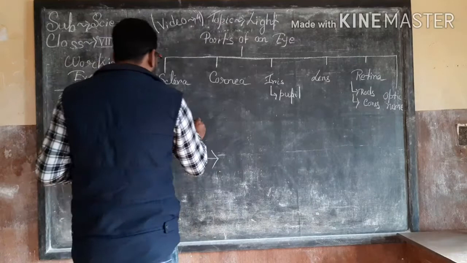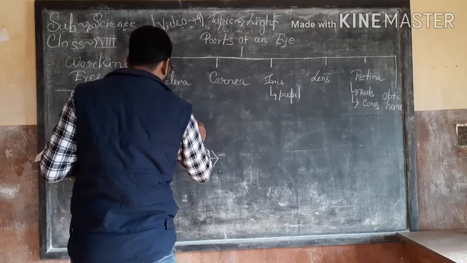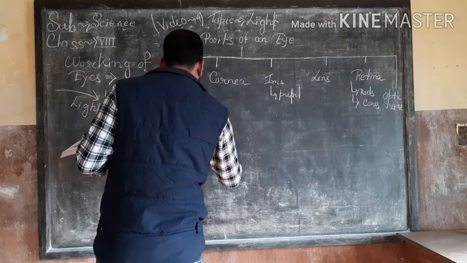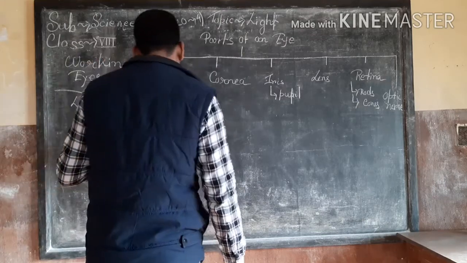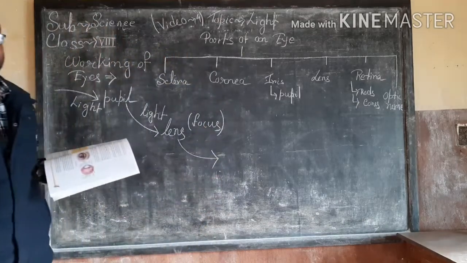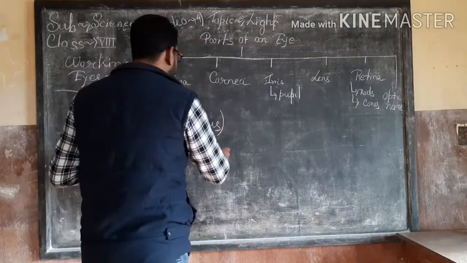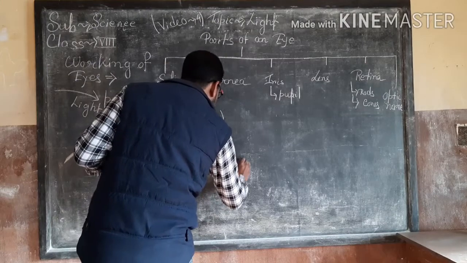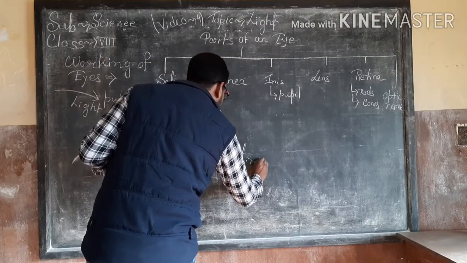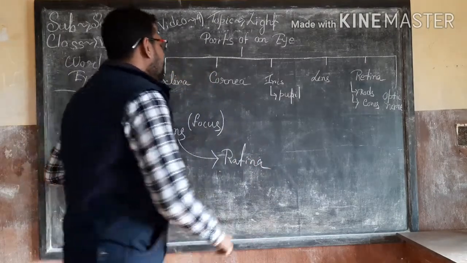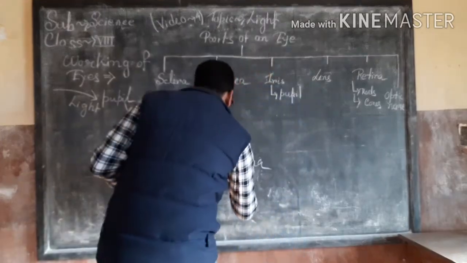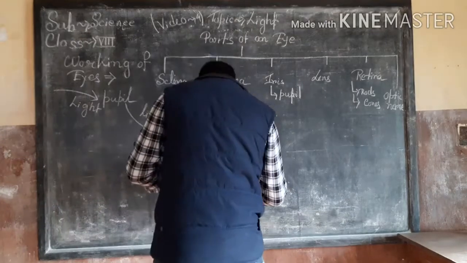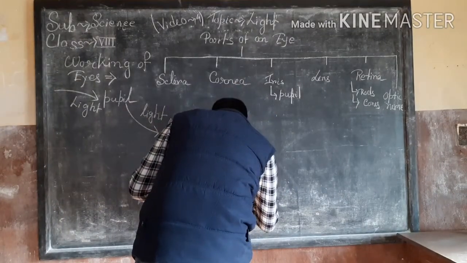So, the lens focuses the object's light rays and they go to the retina. Okay, and in the retina it creates an inverted image.